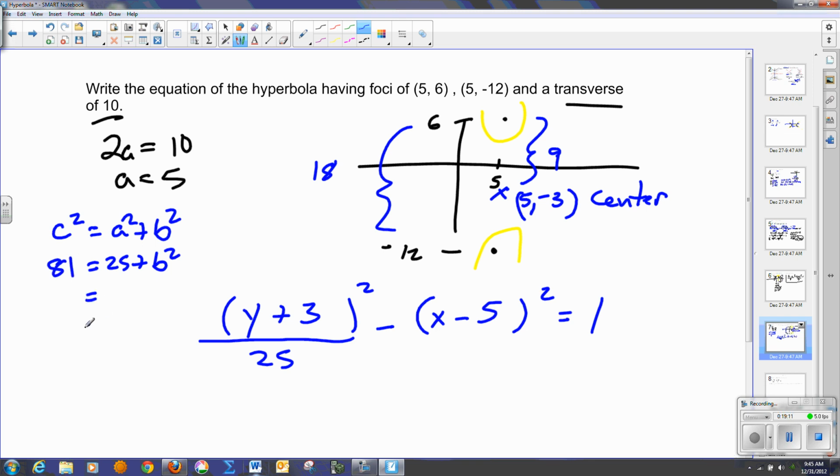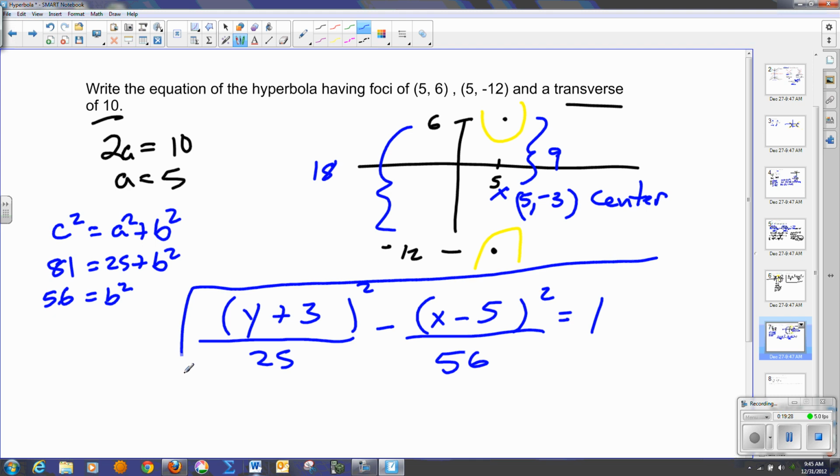Therefore, if I do the subtraction, I end up with, what is that, 56 is equal to b squared. So I can just put that value right here. And then the problem's done.